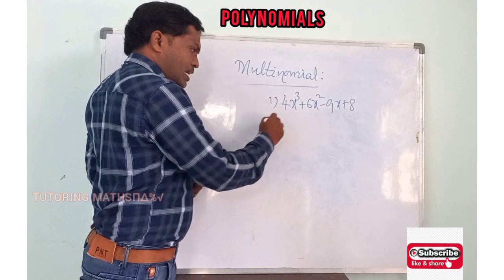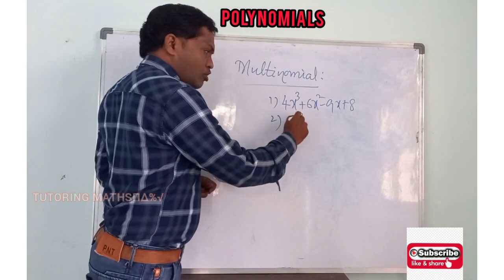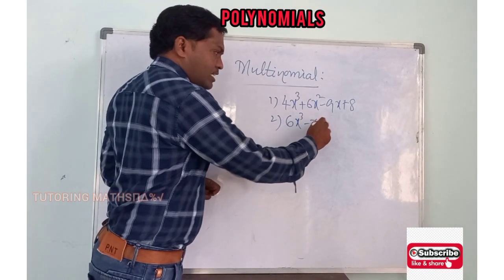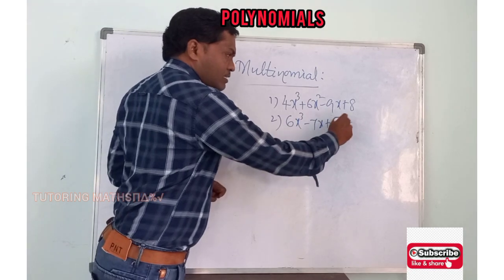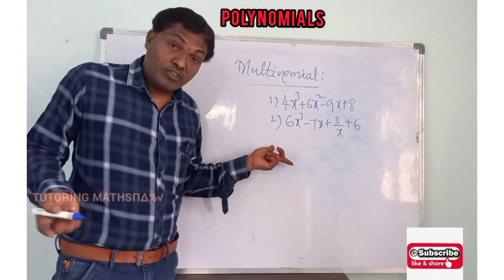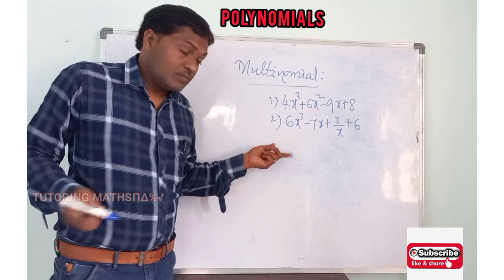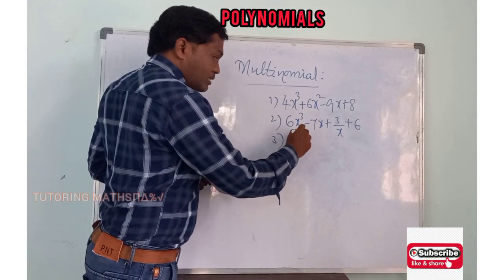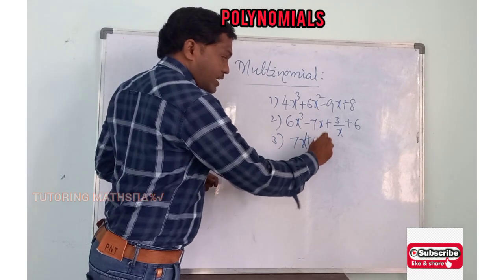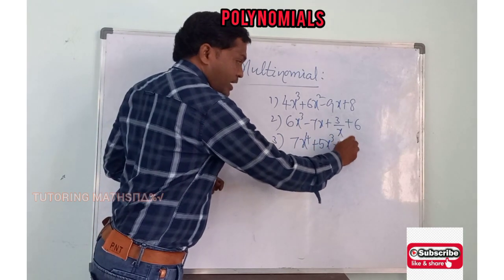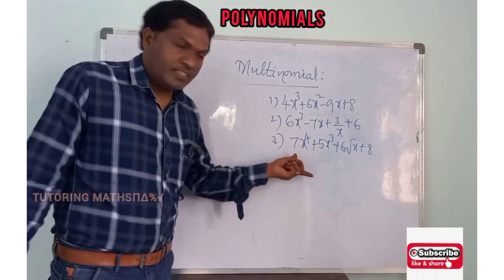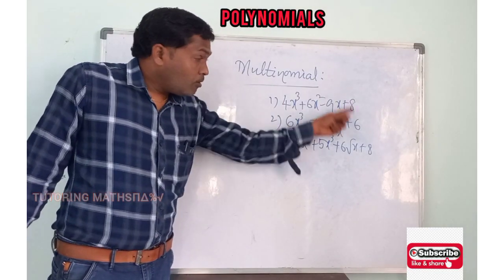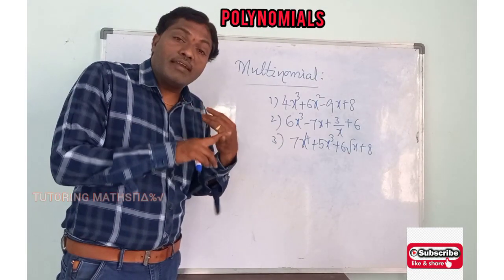Even 6x cube minus 7x plus 3 by x plus 6 is also a multinomial. And next, 7x power 4 plus 5x cube plus 6 root x plus 8 is also a multinomial.